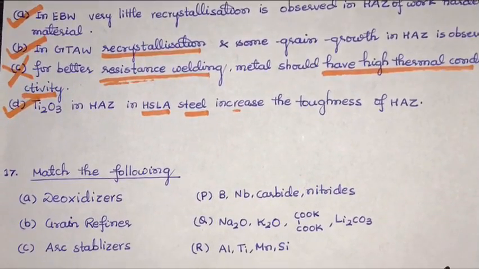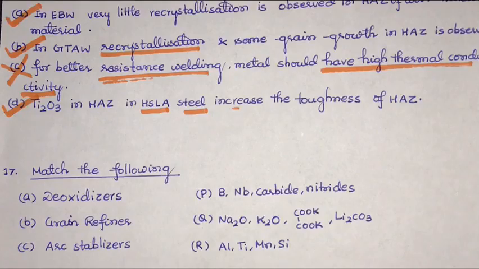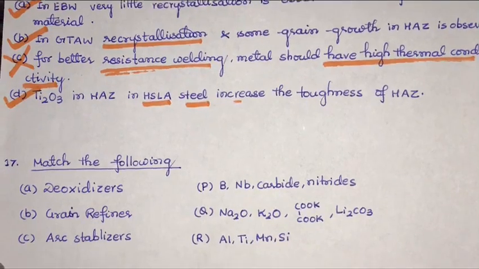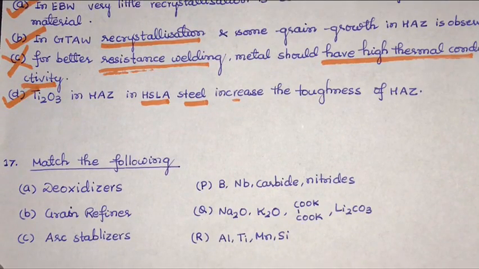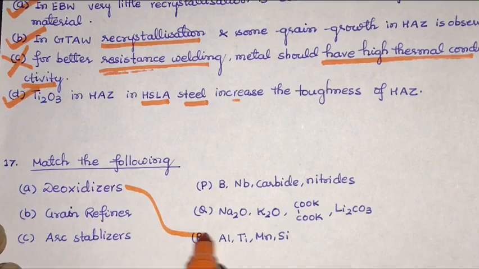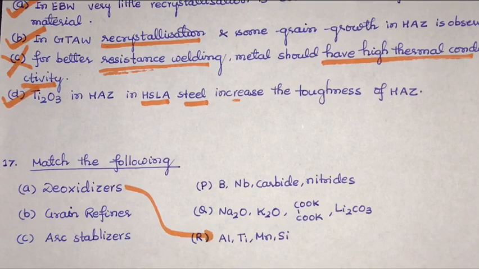Coming to the next. Now we have to match the following. Deoxidizers are metals or non-metals which have very high affinity towards oxygen, such as aluminum, titanium and magnesium. Second is grain refiner.